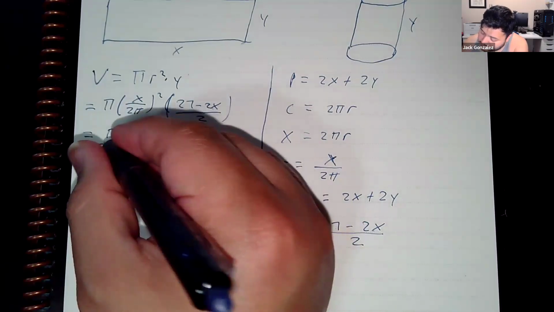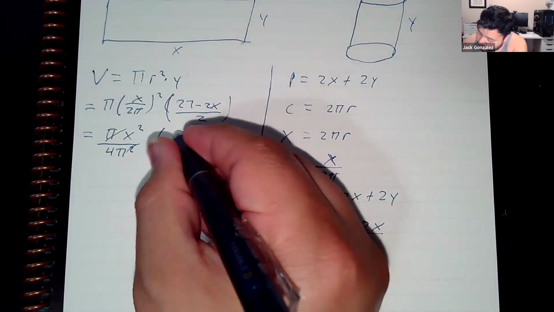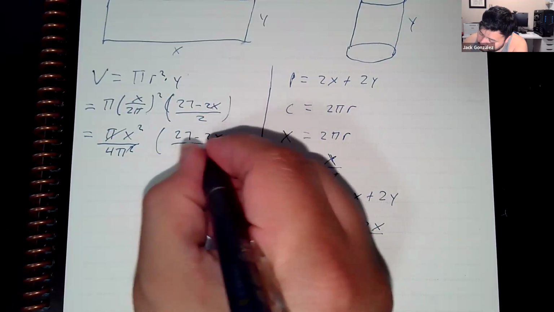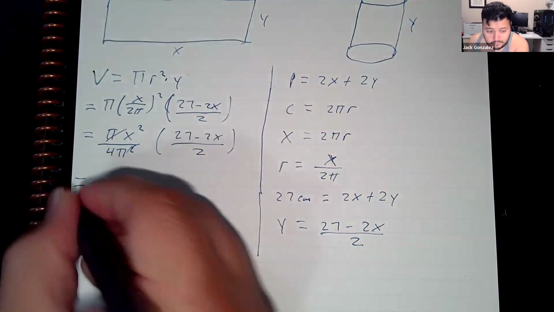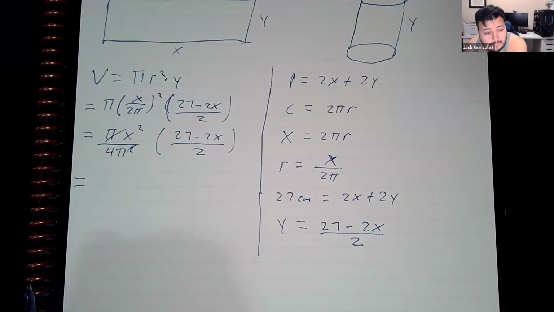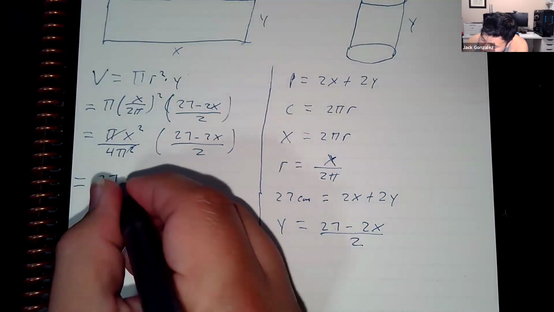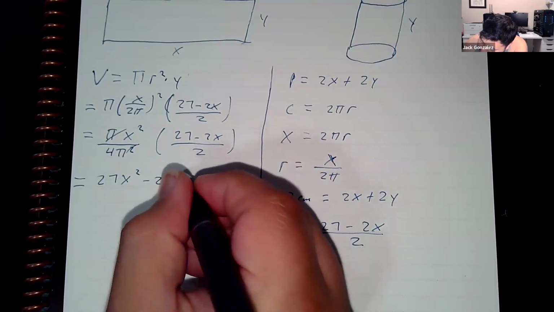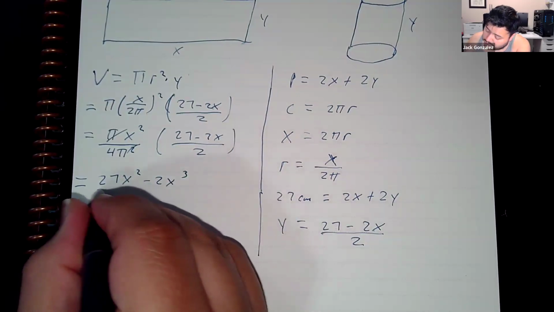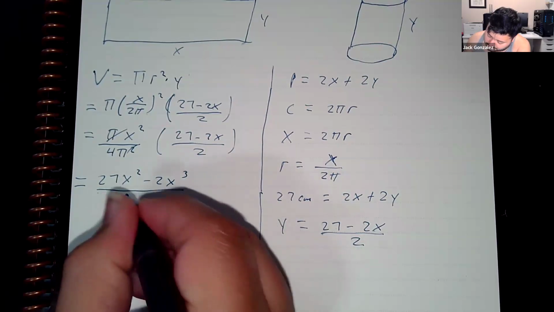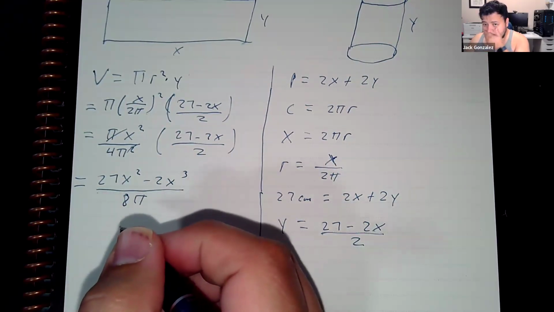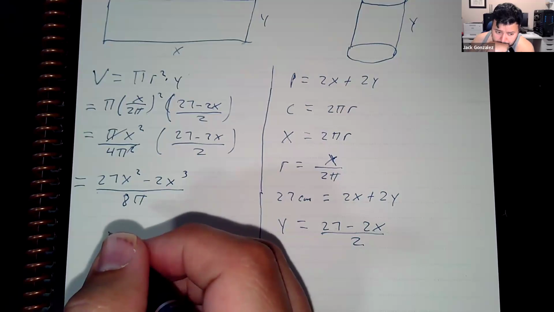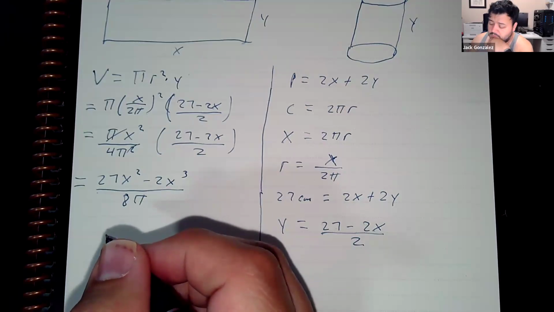Then I get rid of one of them. Multiply this out. We're going to get 27x squared minus 2x cubed over 8 pi. So there's V.